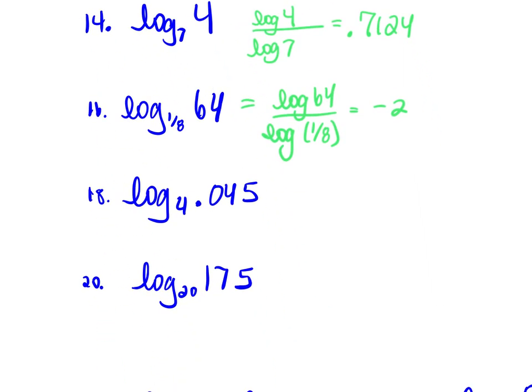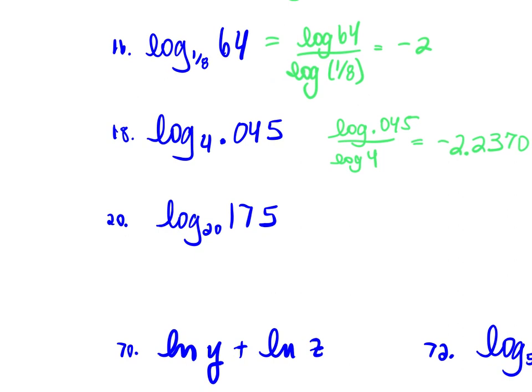So here, number 18, it would be log of 0.045 divided by log 4. So I have log 0.045 divided by log 4 in my calculator, and I got -2.2370, the way that rounds.